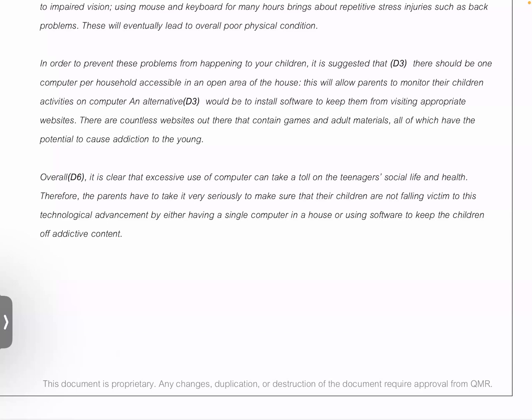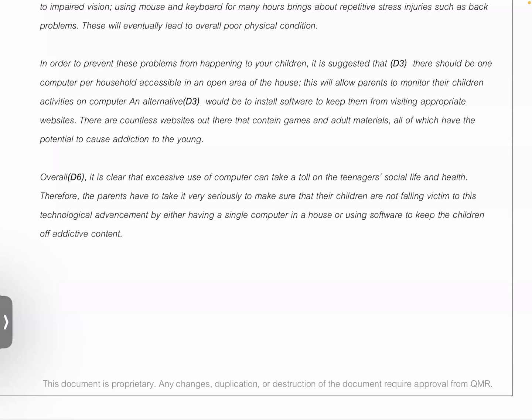Take a toll means can have negative impact on teenagers' social life and health. Therefore, the parents have to take it very seriously to make sure that the children are not falling victim to this technological advancement by either having a single computer in a house or using software to keep the children off addictive content.